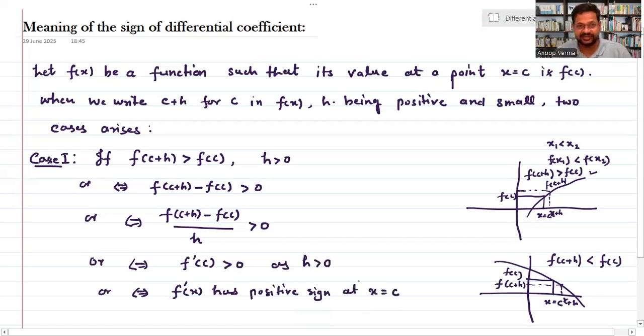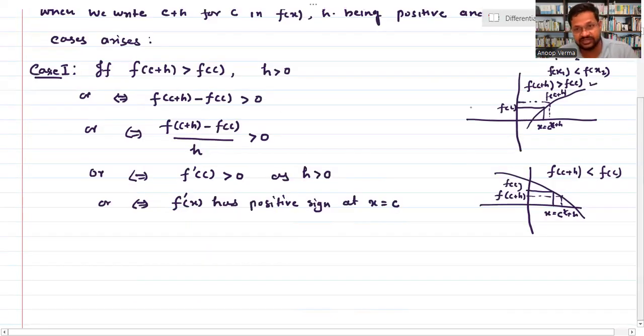When the function is increasing, the derivative will give a positive value at that point. So this is case one, the first case, and this is the second case.